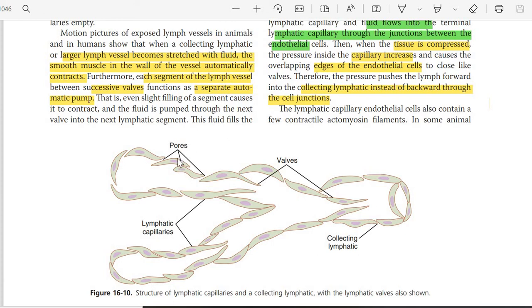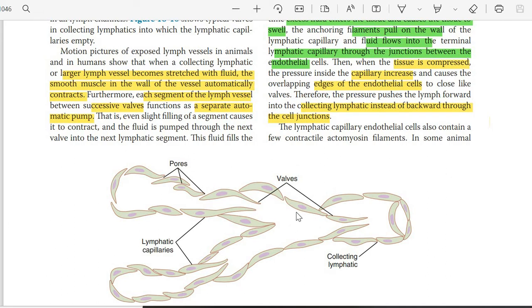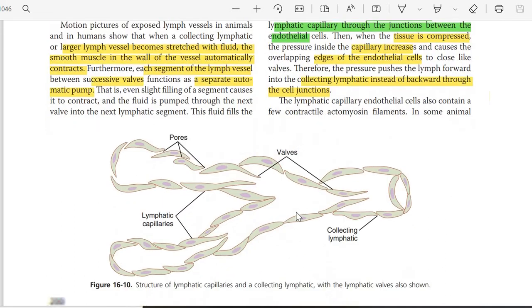The anchoring filaments will pull these cells, the pore size will increase because of the swelling of the tissue, and fluid will enter fast. So lymph formation also increases.